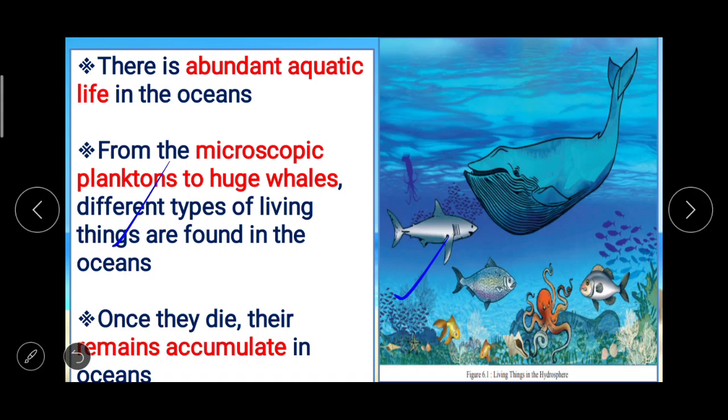As we know, a number of animals are there in the water also, like fish, tortoise and the different types of fishes. So from microscopic planktons, microscopic मतलब जिन्हें हम with open eye देख नहीं सकते, जिन्हें देखने के लिए हमें माइक्रोस्कोप का यूज़ करना पड़ता है। ये एक साइड हो गई। और दूसरी साइड की अगर हम बात करेंगे तो बहुत बड़े से बड़े whale type of fish। तो इतनी वैरायटी है, इतने डिफरेंट टाइप्स ऑफ लिविंग थिंग्स ओशन में होते हैं। और ये सब या फिर इनमें से कुछ जैसे एक एक करके मर जाते हैं, then the remains accumulate in the oceans.